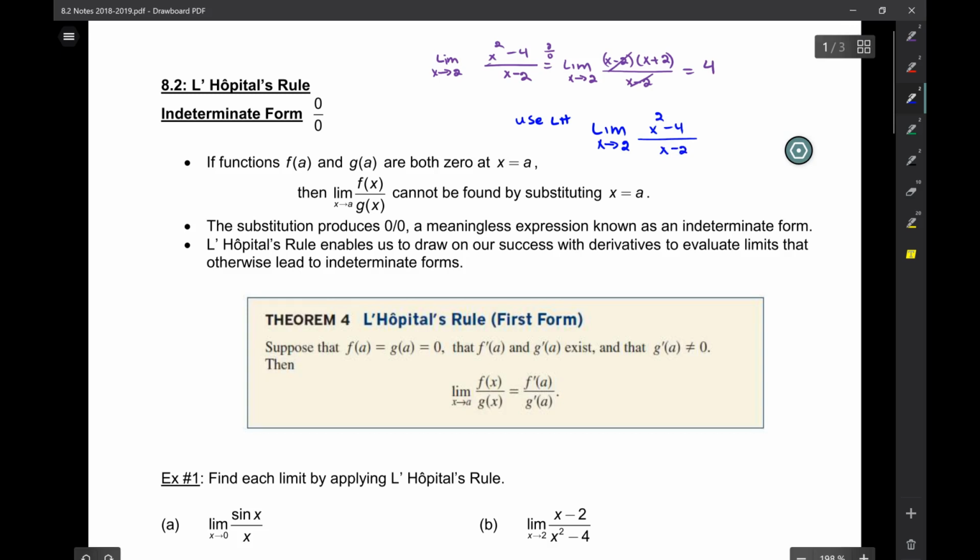What you do is you just take a derivative of that numerator, and you get 2x. And when you take a derivative of the denominator, what do you get? 1. Now, what was x supposed to be? 2. So when you do 2 times 2 over 1, what do you get? 4. So you see that? It's much cleaner, and you can get that answer.